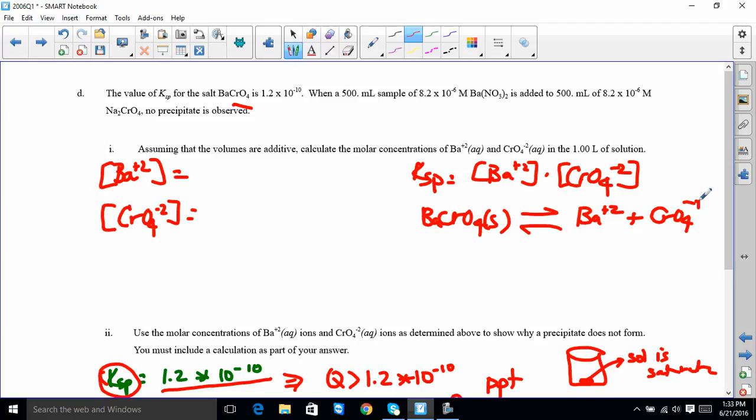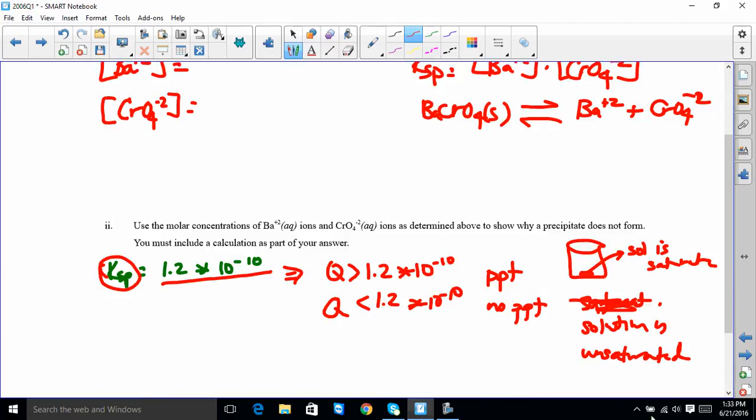And because barium is +2 and chromate is -2, these combine in a 1-to-1 mole ratio, which makes the problem much less difficult than it could be. And so we're going to calculate this, and we're going to calculate this, and then we're going to multiply them together. And if it's bigger than this number, we're going to say, oh, and we're going to show why a precipitate does not form. Here's the little hint. When we're all done, Q must be less than 1.2 times 10 to the -10, because we're supposed to show why a precipitate does not form.